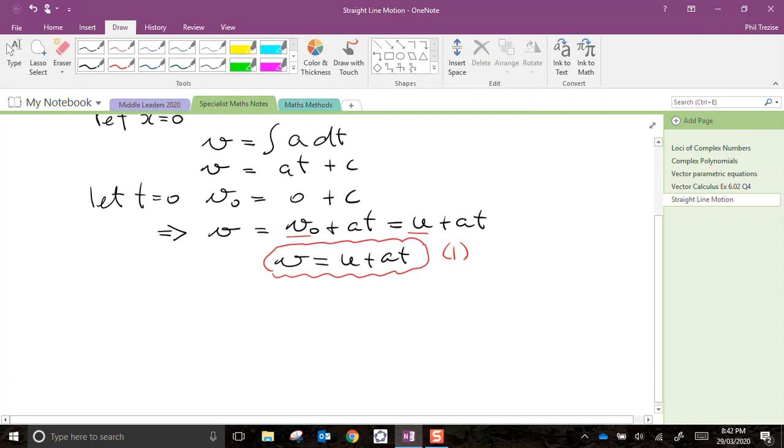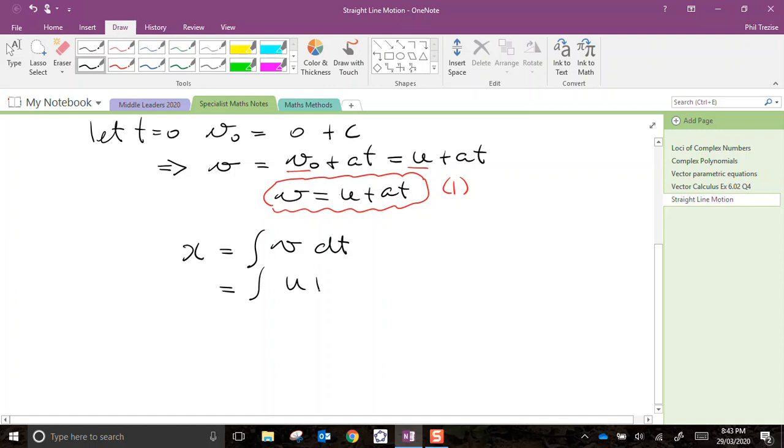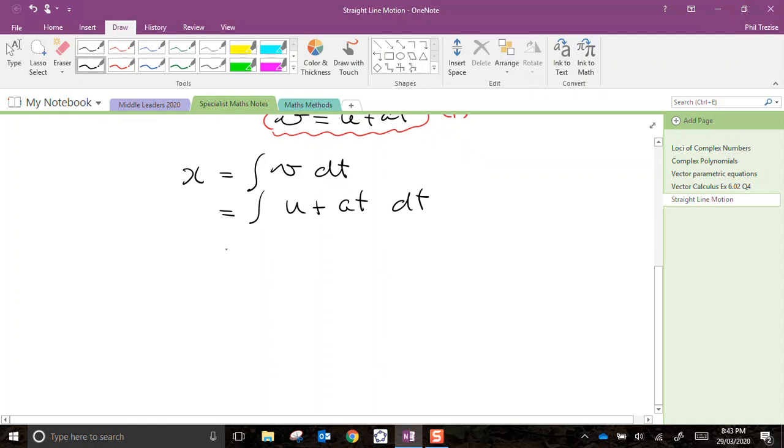Now, how will we find displacement? The x position equals the integral of v dt. Well, we know that v is u plus a times t, dt. Integrating will give ut. A is constant. t becomes t squared over 2, divide by the new power, plus a constant of integration.